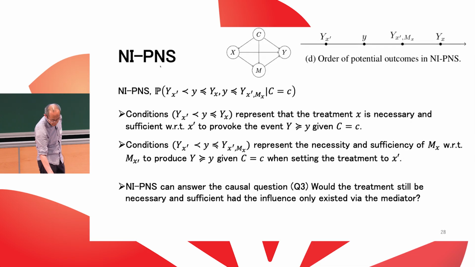Similarly, for the natural indirect PNS, which tries to capture the PNS through this path, it's again defined in terms of two counterfactual statements. We switch x from x prime to x, but keep m at the same natural value as when you set x to be x.